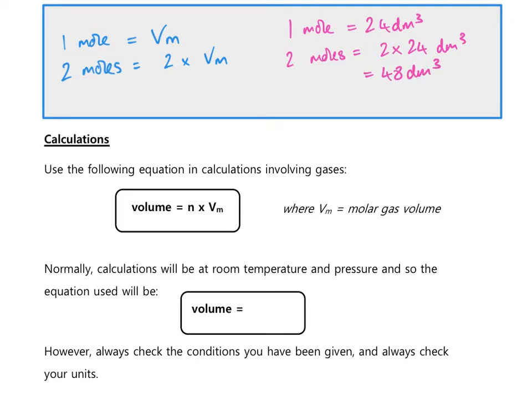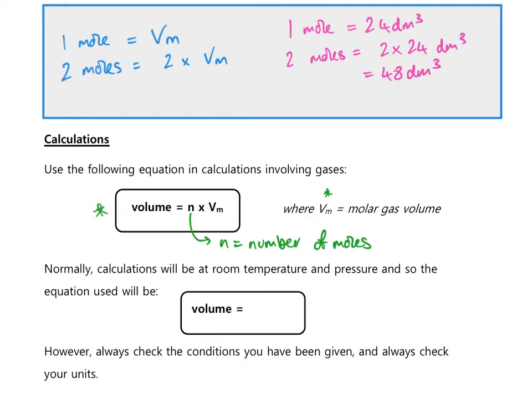So what we can do with that is create an equation to allow us to calculate the volume of a gas if we know the number of moles and we know the molar gas volume. And here it is just down below. So it says volume equals n, which is the number of moles, times Vm, which is the molar gas volume.